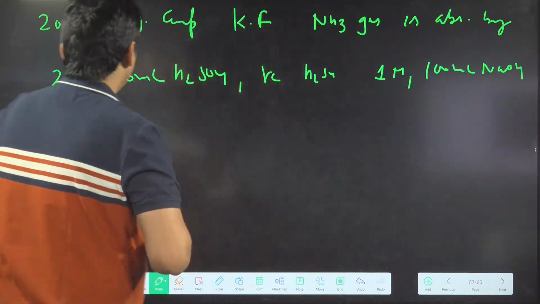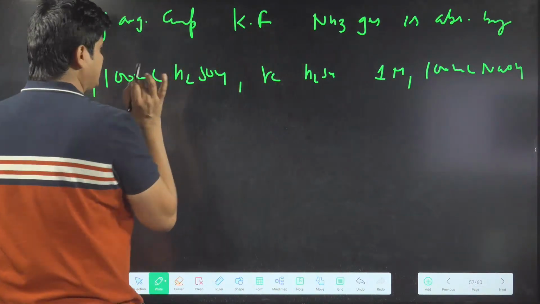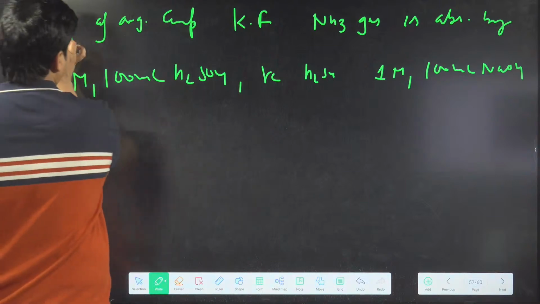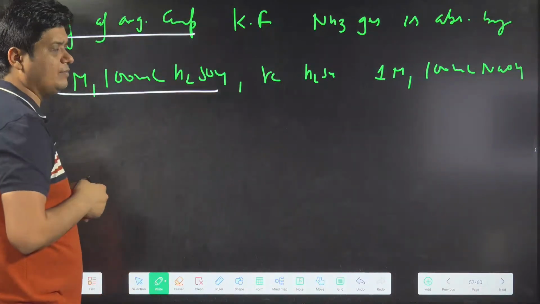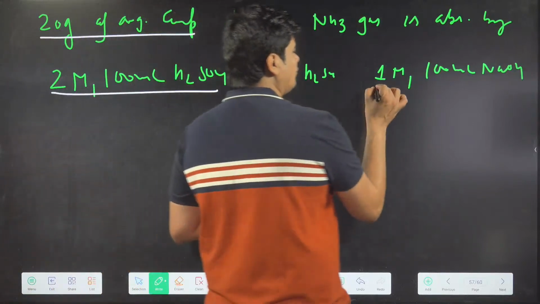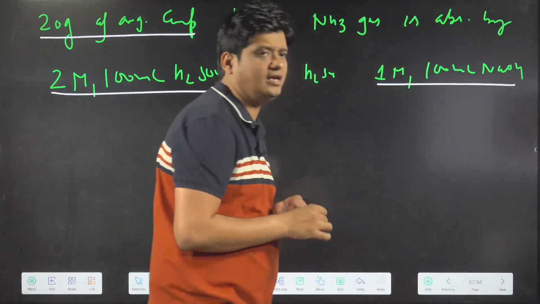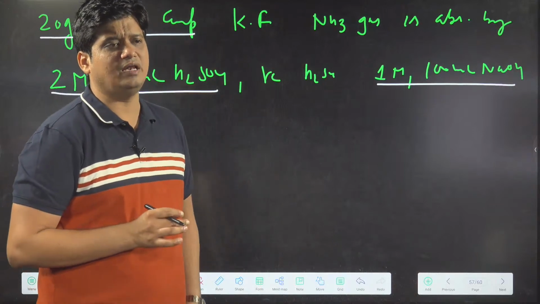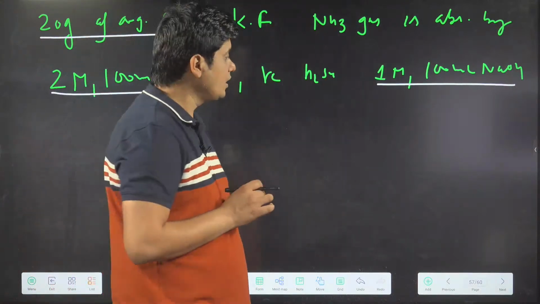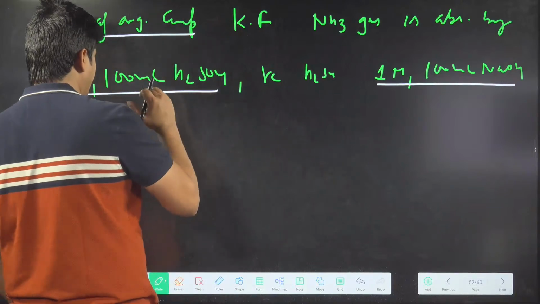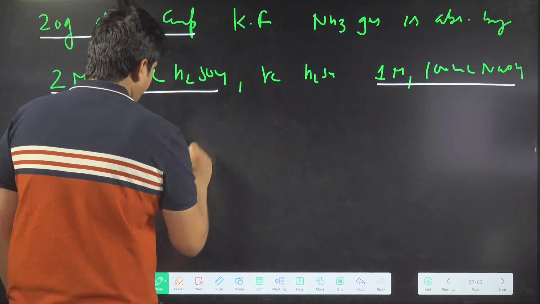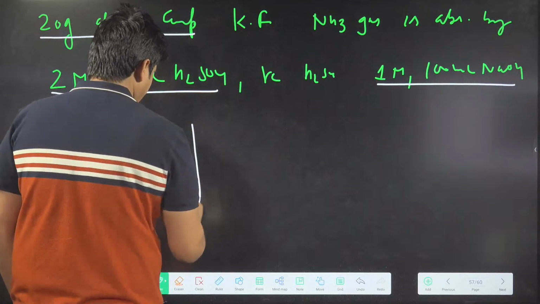Now listen, we have to observe 3 important data: 20 gram of organic compound, sulfuric acid 2 molar 100 ml, and the remaining sulfuric acid neutralized by 1 molar 100 ml NaOH. What is the principle? Ammonia is there.